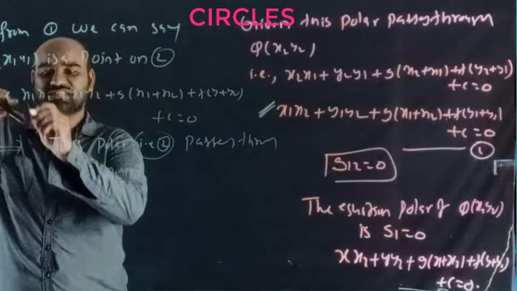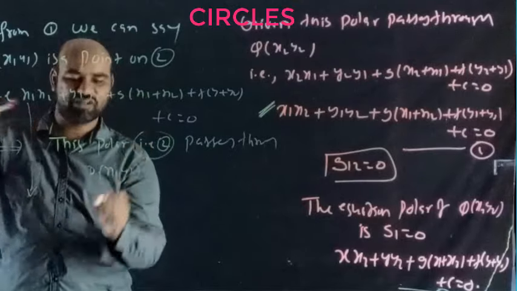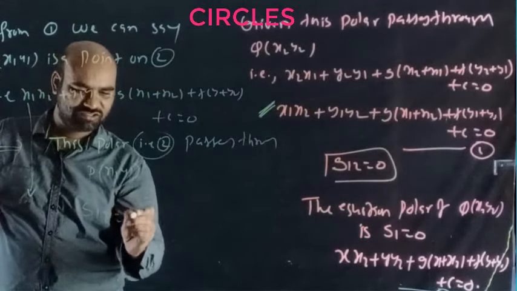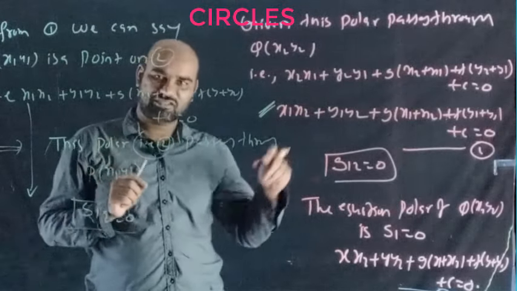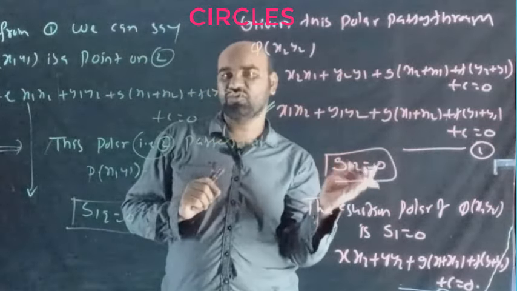Finally, the polar of P passes through Q, automatically the polar of Q passes through P.